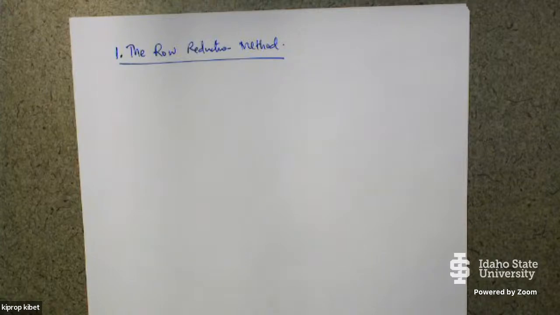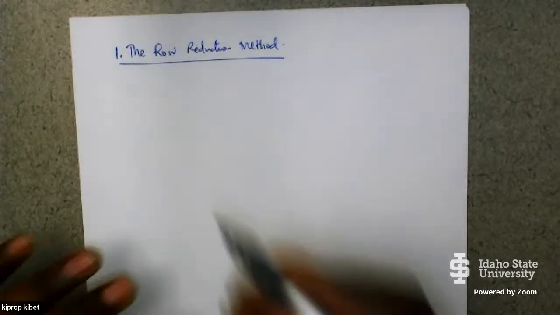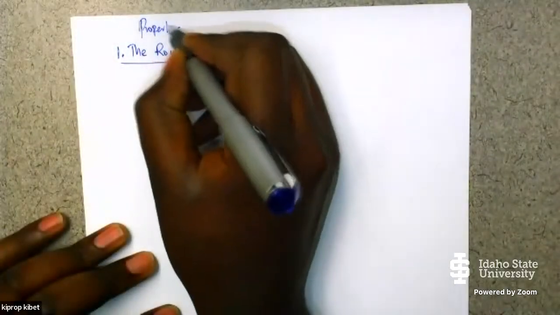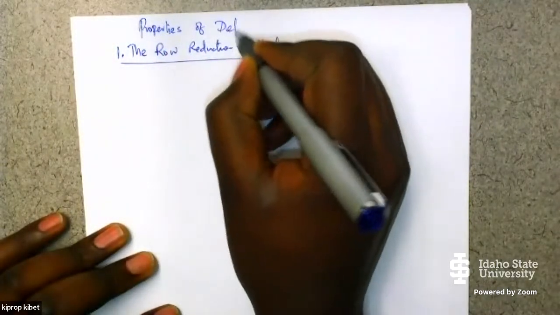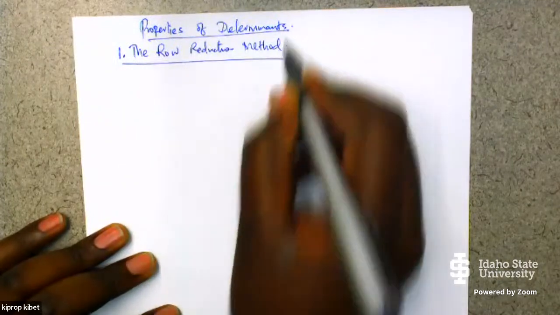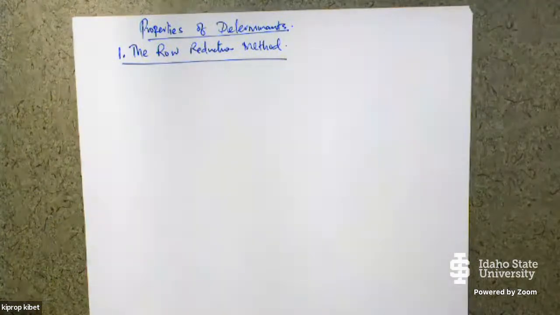Let's look at section 2.3.2, the row reduction. So you're looking at the properties of determinant. We'll start from the row reduction.